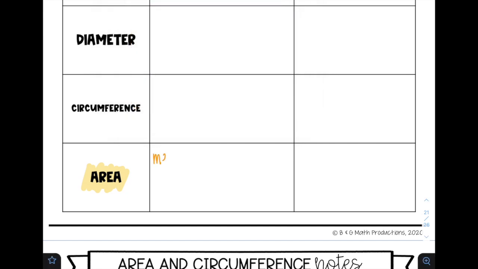So it's a measurement of the inside of a circle. Your formula is A for area equals pi, because pi is associated with circles, times radius squared. Okay, so A equals pi r squared.